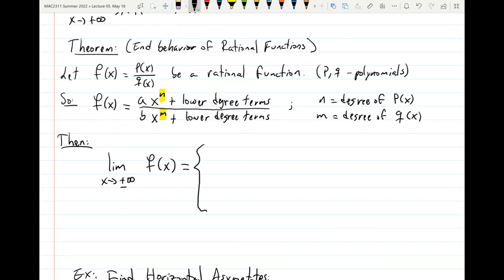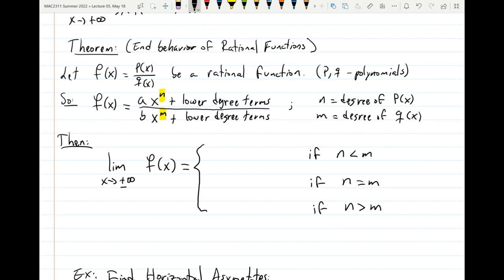Well, it depends on the degrees. So it could be that n is less than m. In other words, this is the case in which the degree of the top is less than the bottom. Or it could be the degrees are the same. Or it could be that the degree of the top is bigger than the bottom. Those are the three situations.